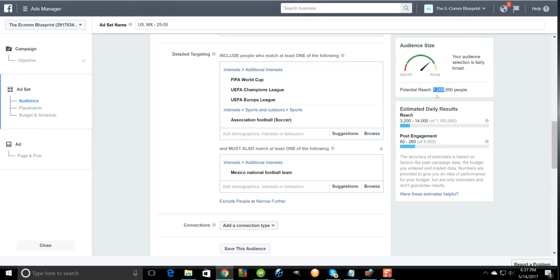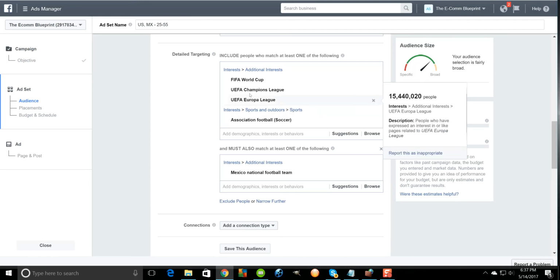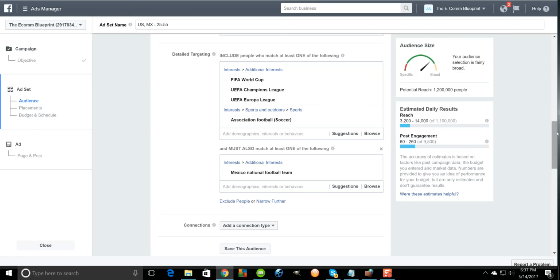As you can see, it went from, I think, 30 million people down to 1.2 million people. So it's very highly likely that once we run this engagement ad to these 1.2 million people, you're going to get some engagement, because those people are highly interested in Mexico soccer, and they're interested in these bigger interests as well, okay?